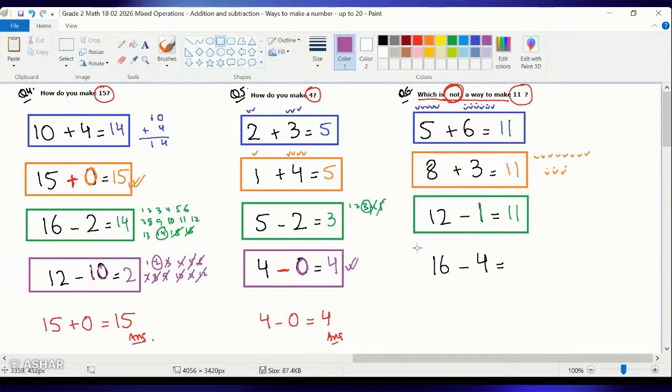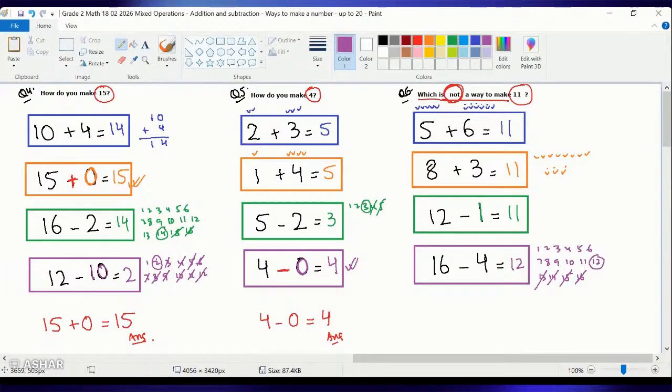So 16 minus 4, let's try this. Can we write down the numbers? 1, 2, 3, 4, 5, 6, 7, 8, 9, 10, 12, 13, 14, 15, and 16. If we subtract 4, we are left with 12.